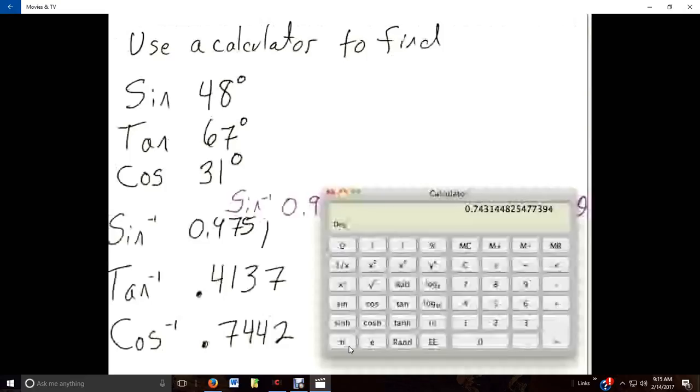Make sure that when you're doing this with a calculator, you are in degrees. For example, if I had done sine of 48 and I were in radians, which we'll get to later, I would have gotten a very different number, -0.76 and so on. So make sure your calculator is in degrees.